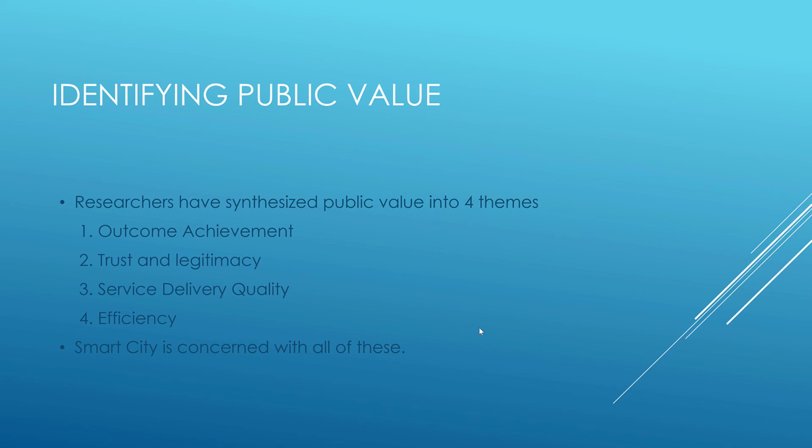Are we protecting the data? Do the EIS artifacts bring a consistency and quality to the interactions that the citizens or city employees have with the city? And ultimately, with economic transaction theory, are we efficient? Are we driving the cost of a transaction downwards? A smart city is concerned with all of these different things, four different things.